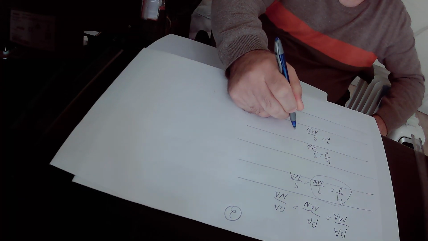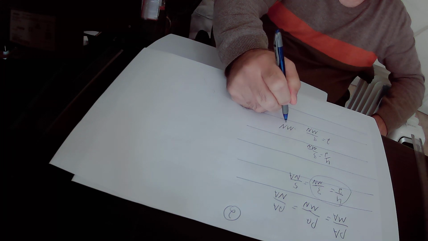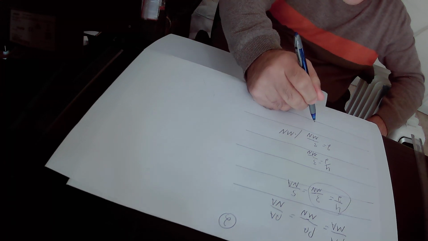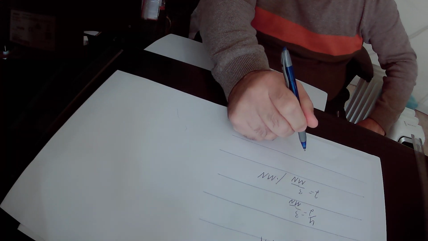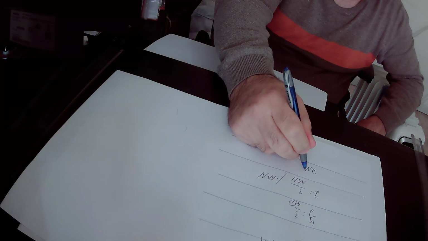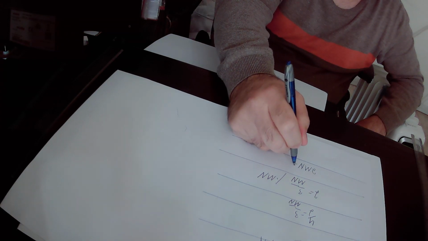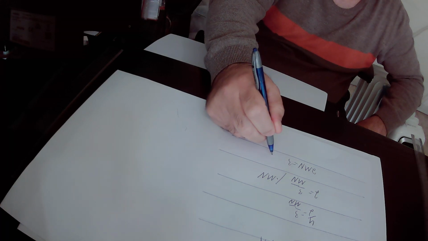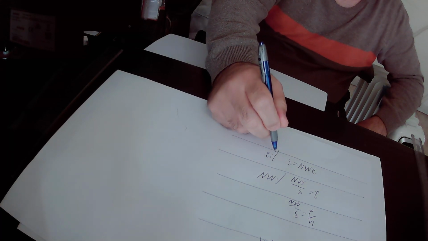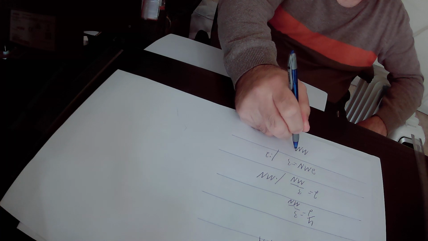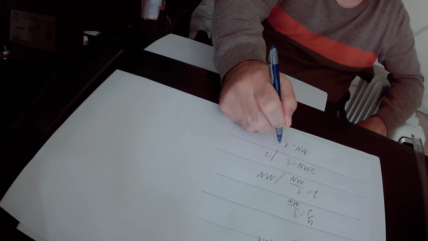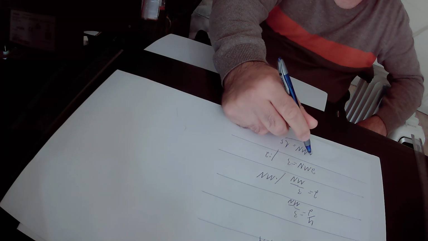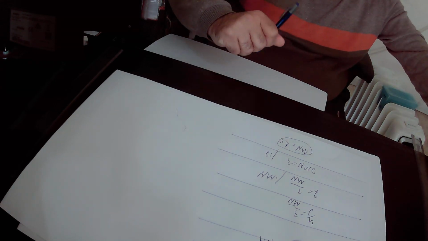We'll multiply this equation by MN, and we'll get that 2 times MN equals 3. Here we'll divide this equation by 2, and finally we'll get that MN equals 3 over 2, that is 1.5 units. MN equals 1.5 units.